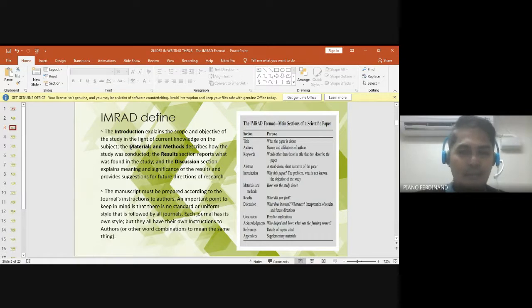Okay, but none is basically the standard template. Kasi nga may kanya-kanya silang unique style, okay? An important point to keep in mind is that there is no standard or uniform style that is followed by all journals. Okay? As I've said, each journal has its own style, but they have their own instructions to authors. Okay? So on and so forth.